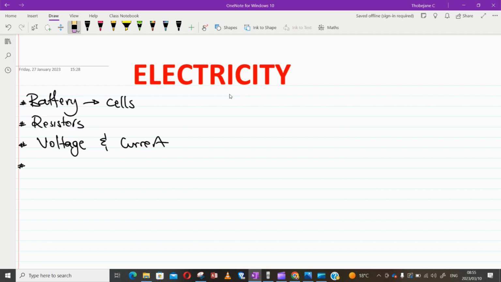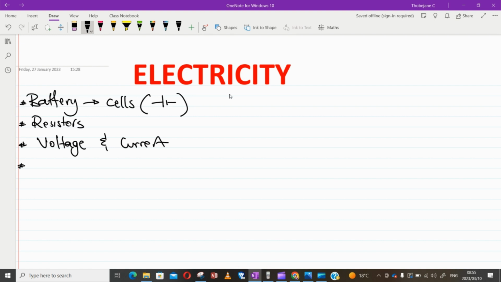So when we talk about this battery that has cells, this is one cell. When you have cells connected all together, they form what we call a battery.